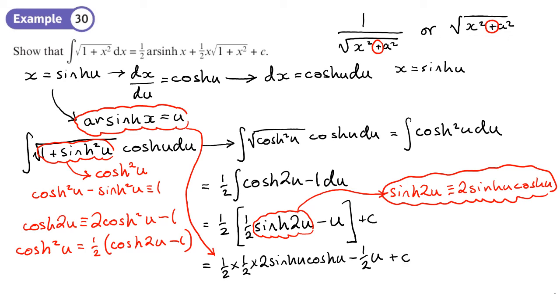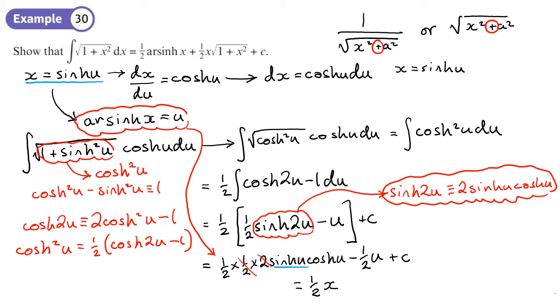Now we can do the full substitution, so I can see that these cancel out there. Right, doing this bit by bit. Sinh u becomes x, so we need to take everything back to x's. So I've now got half x.